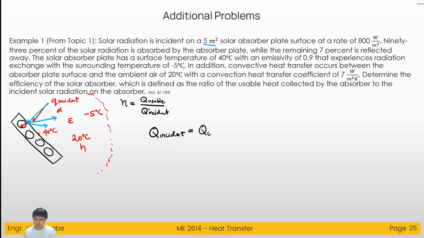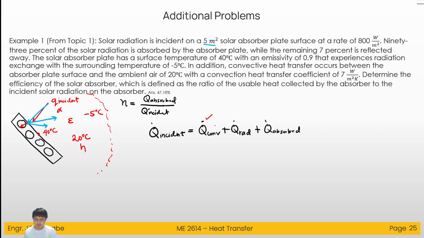So you have the Q convective, the Q radiation, and also the one absorbed, Q absorbed or usable. I'll just write here the absorbed.